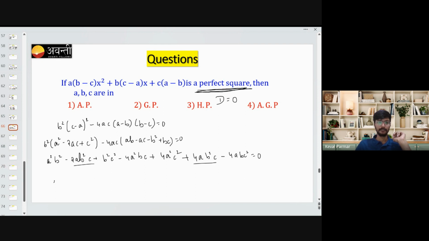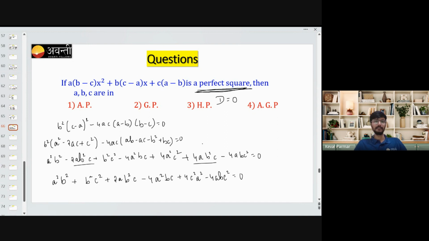So we can write a square b square plus b square c square plus 2ab square c. No common terms. 4a square bc plus 4c square a square minus 4abc square equals to 0.